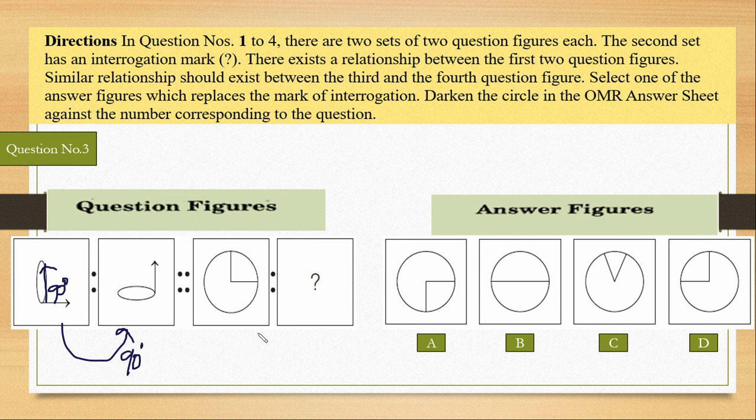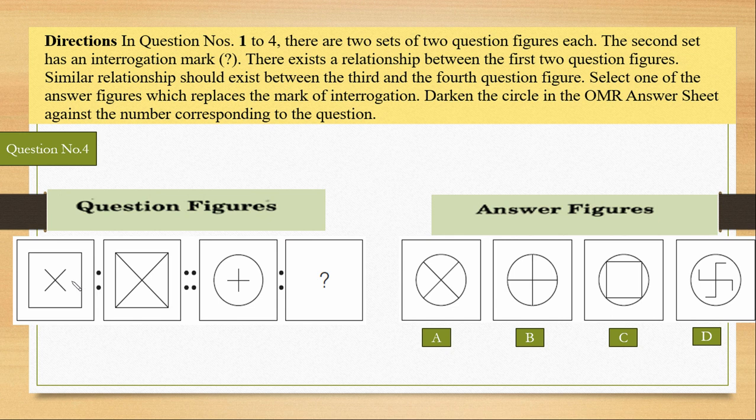So here also, if we apply a 90-degree rotation to this figure, the figure shifts to this direction and it is here. If we rotate 90 degrees anti-clockwise, the new figure appears like this. So the matching figure here is option D. So in place of the question mark, option D comes. Let us move on to the next question.